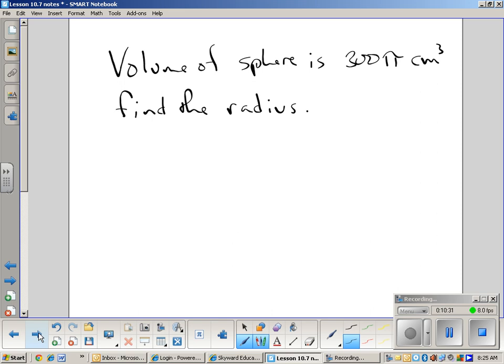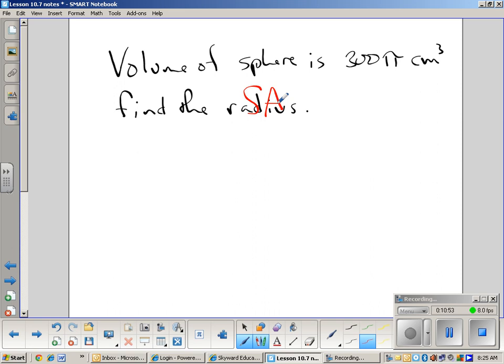The volume of a sphere is 300 pi cubic centimeters. Find the radius. Or better yet, they might say find the surface area. Sometimes they'll do that. Well, to find the surface area, you have to find the radius. You have to know the radius to find the surface area, right?